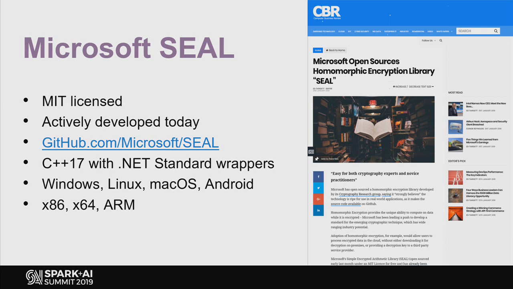It's a library called Microsoft SEAL. It's been publicly available for maybe 3 or 4 years almost now, but it's been open source, MIT licensed, only since last December. But Microsoft SEAL is being developed actively today.